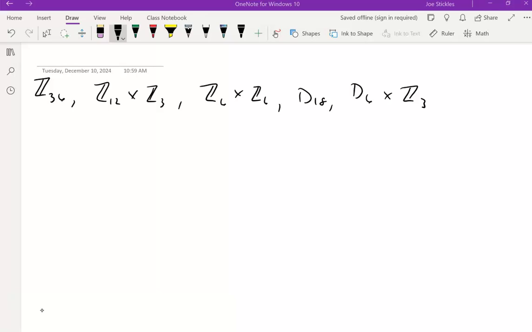So Z36 is cyclic. In order for a direct product to be cyclic, you need each piece to be cyclic. And what else do you need to have true about their orders? Has something to do with the divisibility idea.